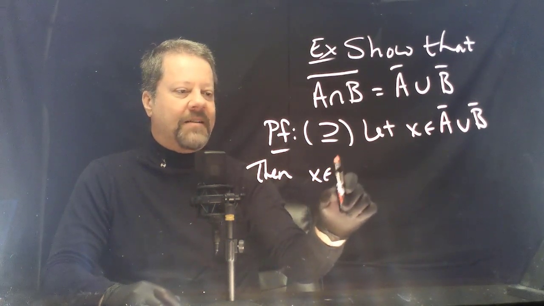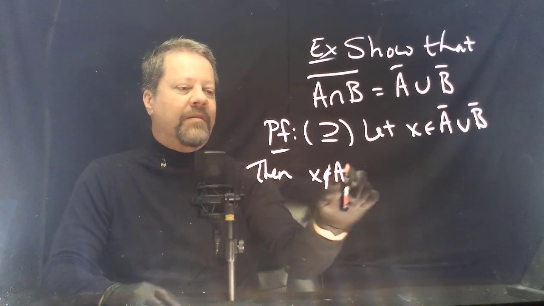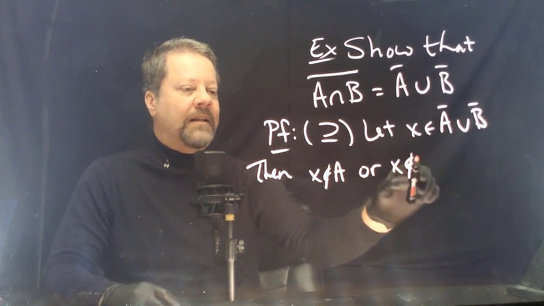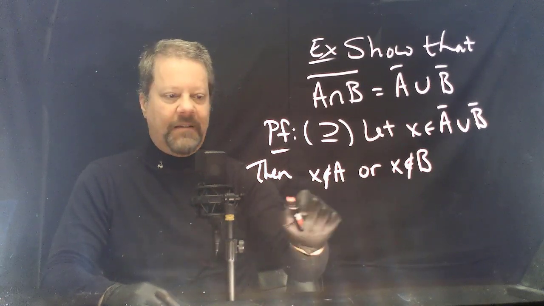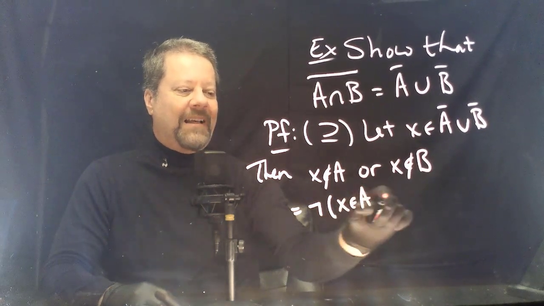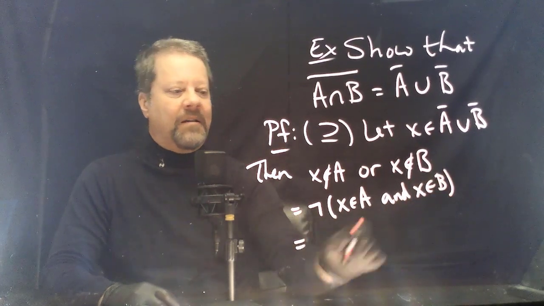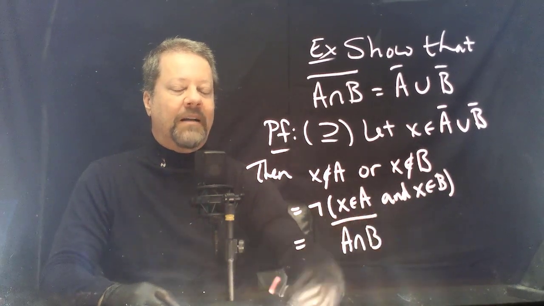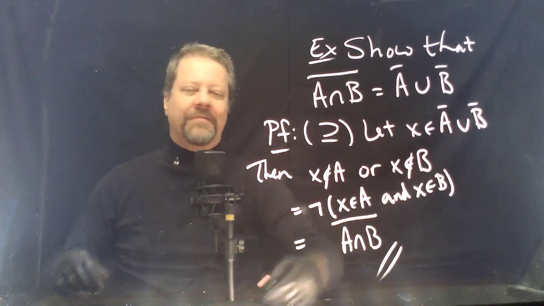That means X is not an element of A, or X is not an element of B. Well, that's the same thing as not X in A and X in B. X in A and X in B is A intersect B, but not means everything else outside, which is the complement. And that's the end of the proof.